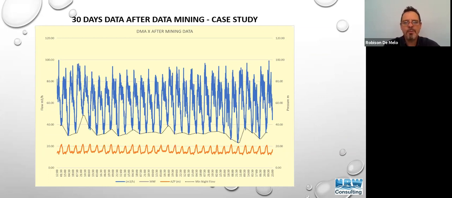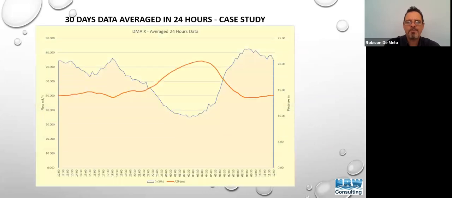So to have this data more realistic, what we do is average that data in 24 hours, okay? And doing that, we have a more clear graph, more average information of the area, and we can visualize it properly.